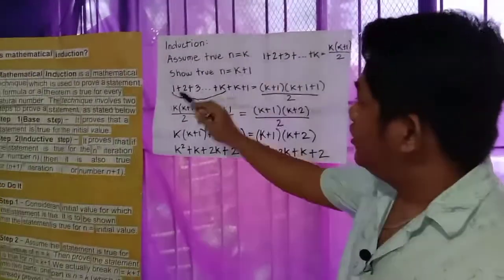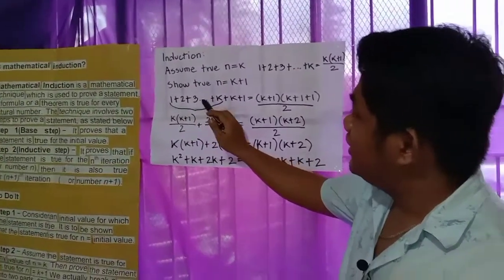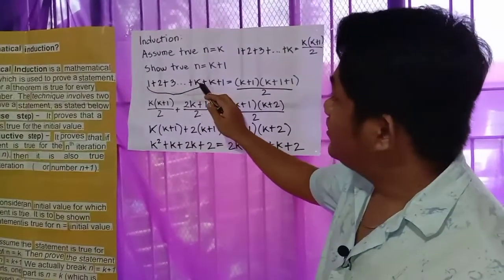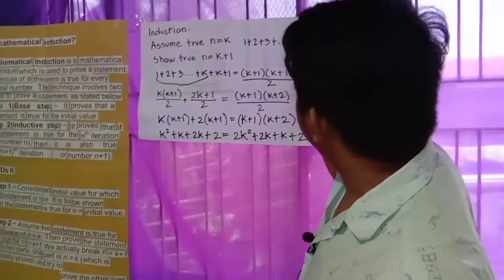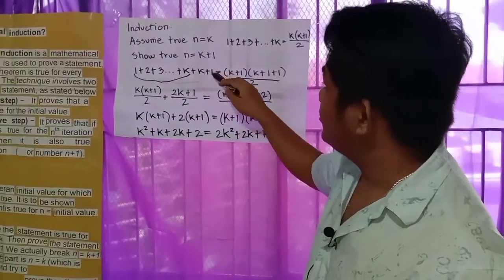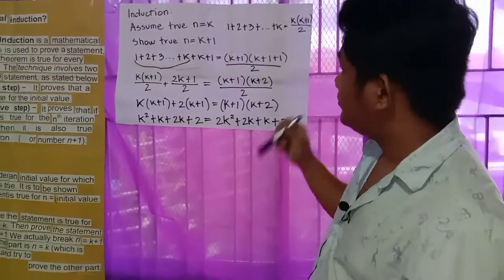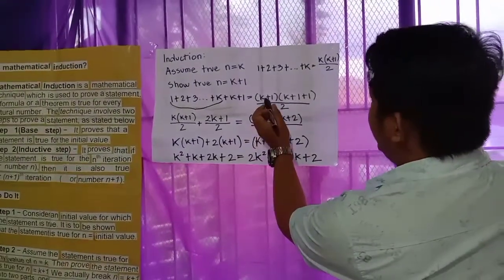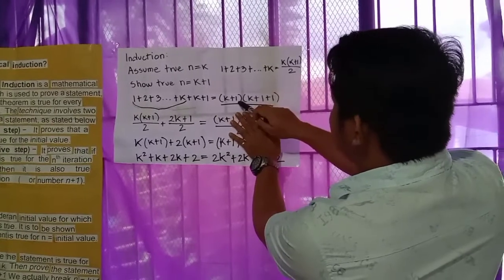So, copy this. 1 plus 2 plus 3 plus ... plus k. Since the n now is k, it is this. So, the n now becomes k plus 1, since it is n. Equals ... and k plus 1.